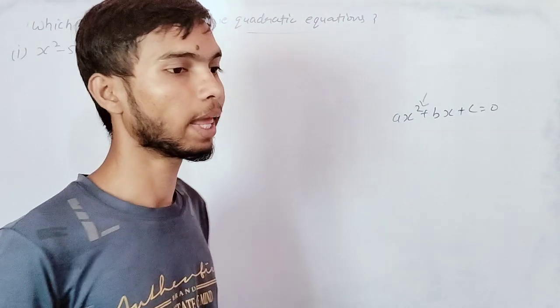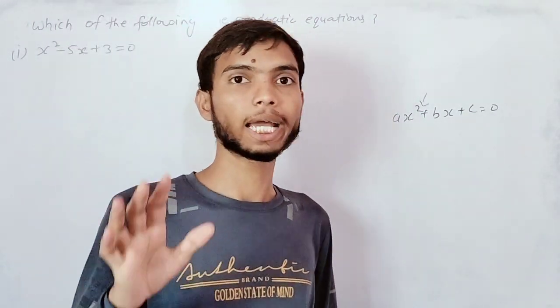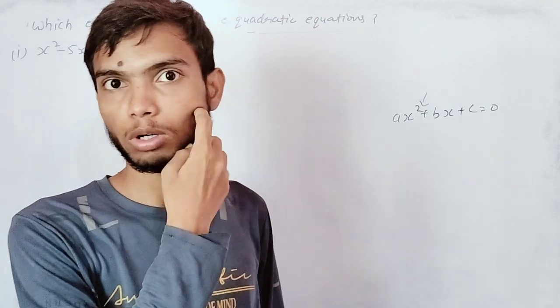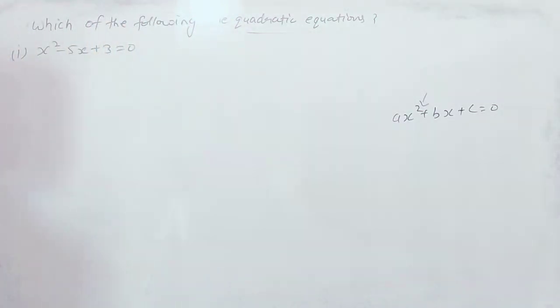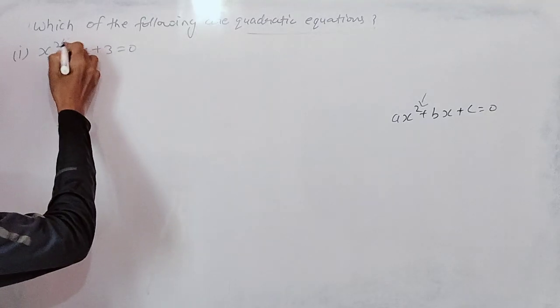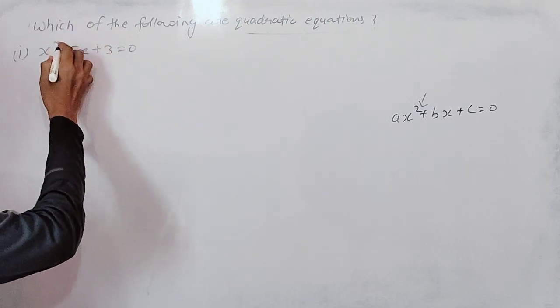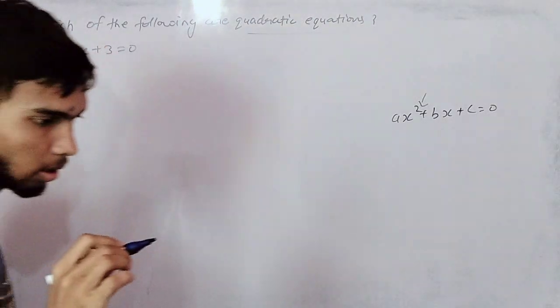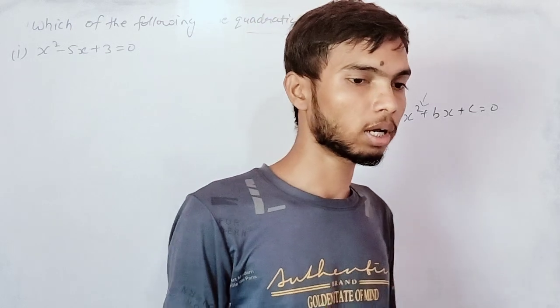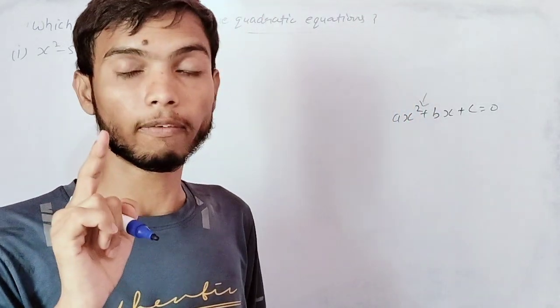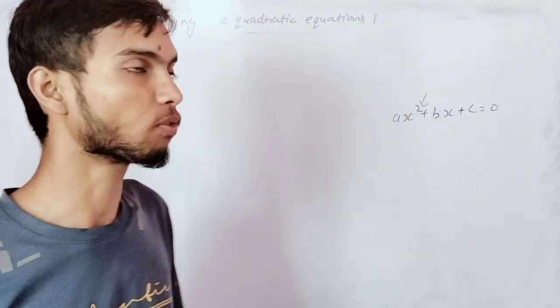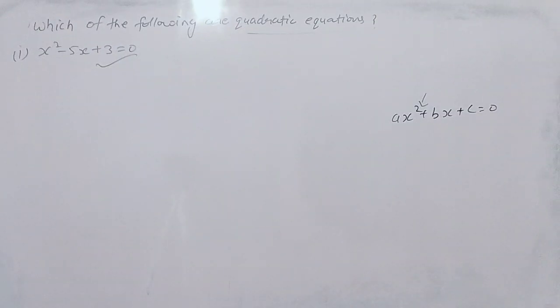And remember, x should not be under a root. Here you can see the exponent is 2, no variable is under a root, and no variable should be in the place of a denominator. So yes, this is a quadratic equation.